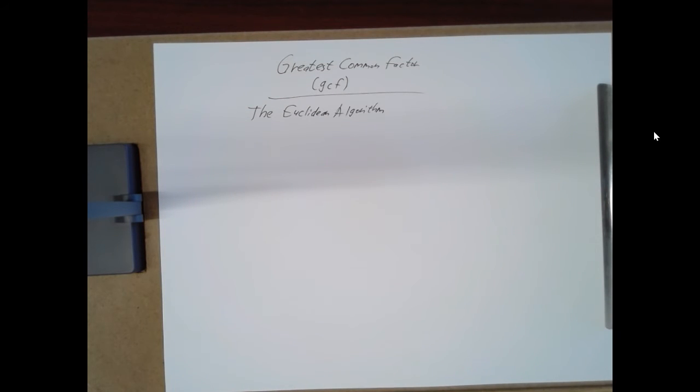You have two numbers. We know that we can factor those numbers into primes. In some cases, there may be a prime or multiple primes that divide both numbers. And we want to be able to find what the largest integer is that divides a pair of numbers. We do this in school when we're taking fractions and trying to simplify them. We find the greatest common factor and we divide it out from the numerator and denominator.